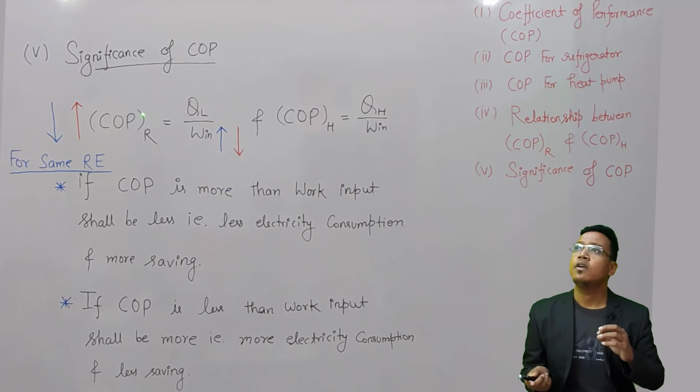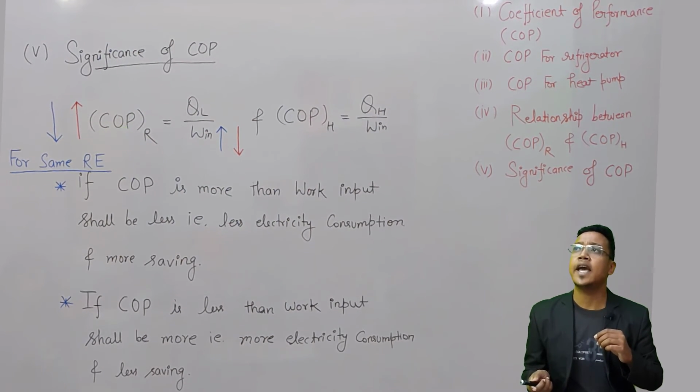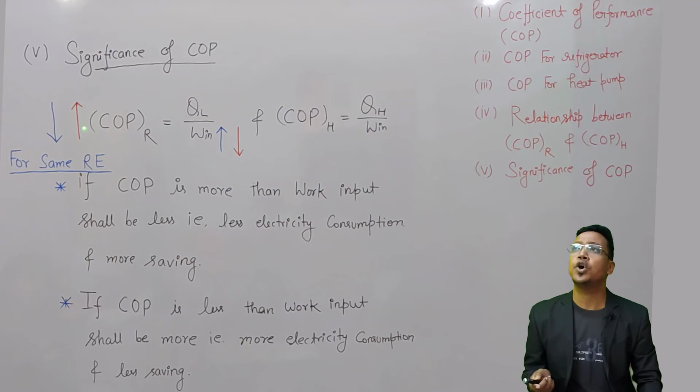Suppose we consider the COP of refrigerator, and for the same refrigeration effect, if we increase the COP, as shown in red color, then work input shall decrease. It means if COP is more, then work input shall be less.